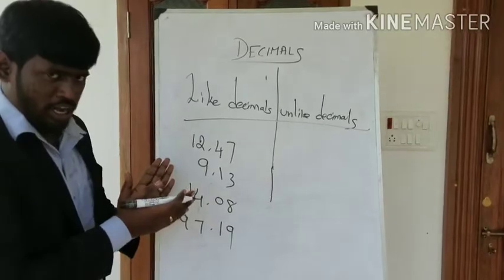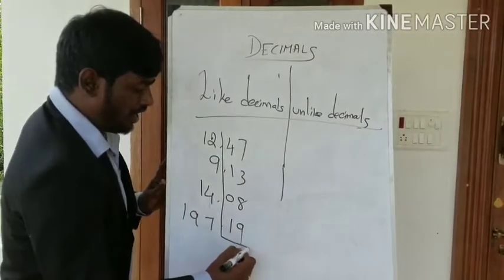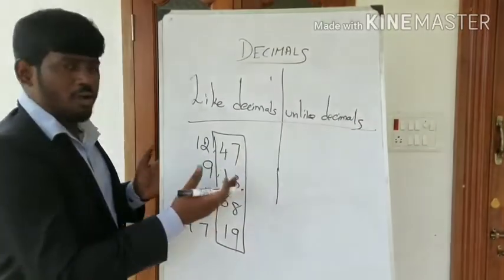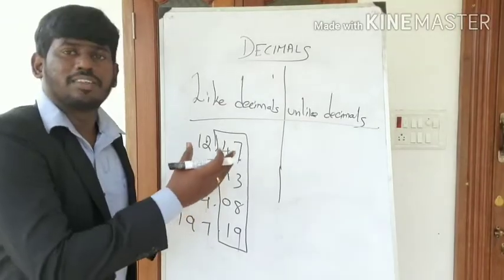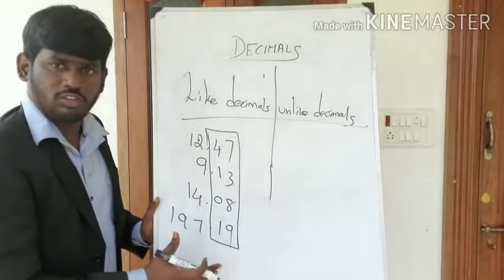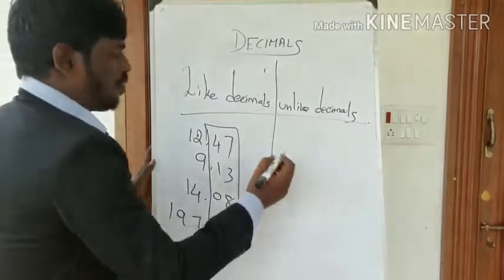When you look at these, the decimal places are the same, only 2. So when two or more decimals have the same number of decimal places, they are called like decimals. Unlike decimals are the opposite of that.